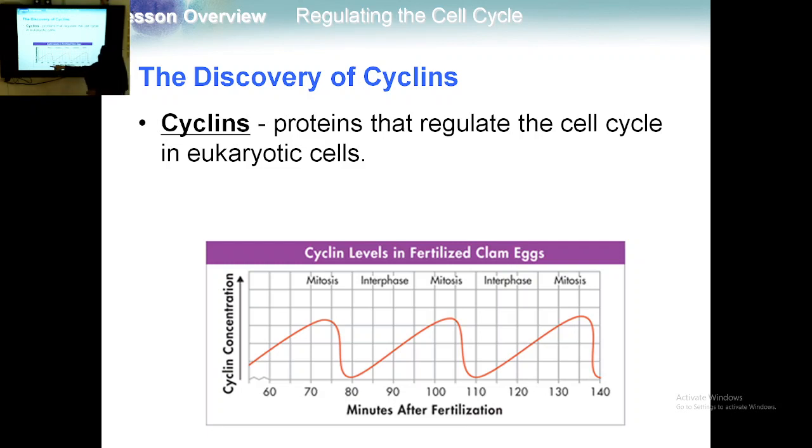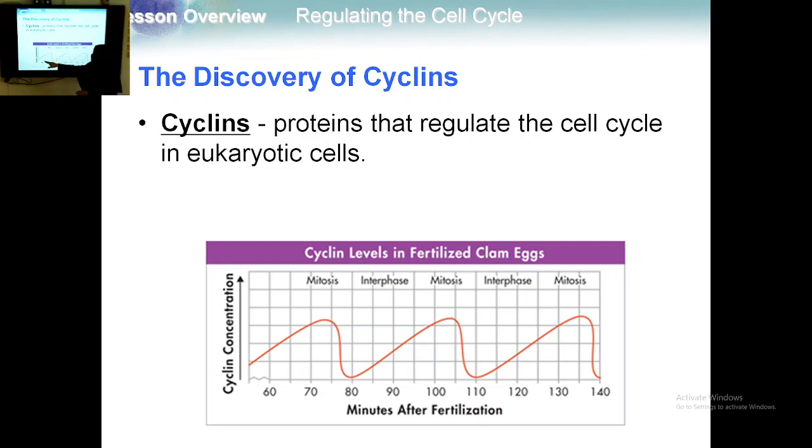If you look at this diagram, this is the cyclin concentration on the y-axis, while the minutes after fertilization of the egg are on the x-axis. After a while, as you can see, the cyclin concentration will increase and then go down. Increase, go down.